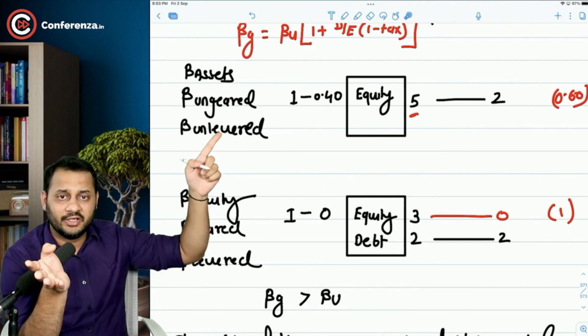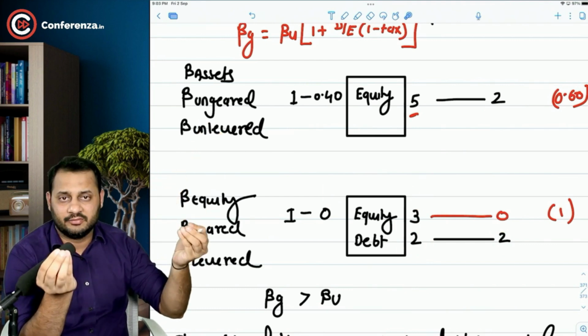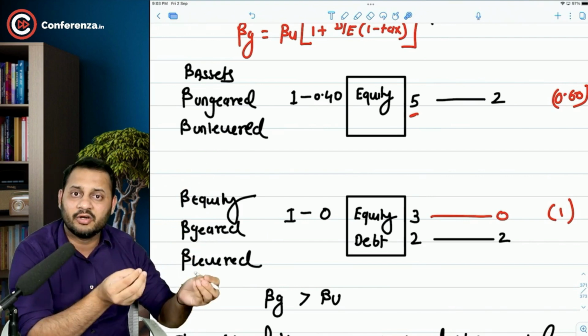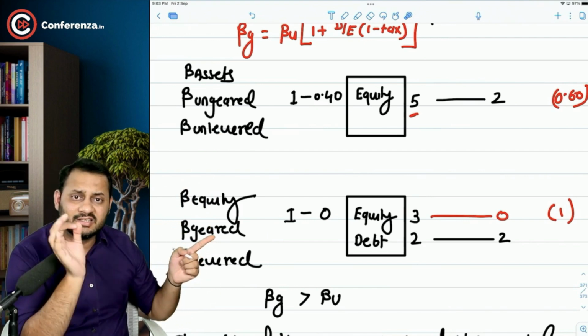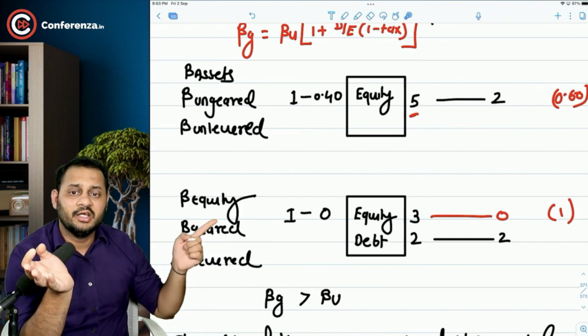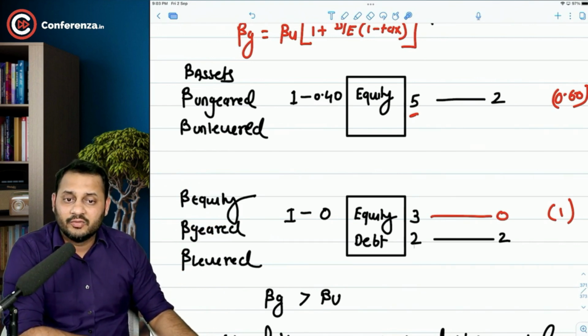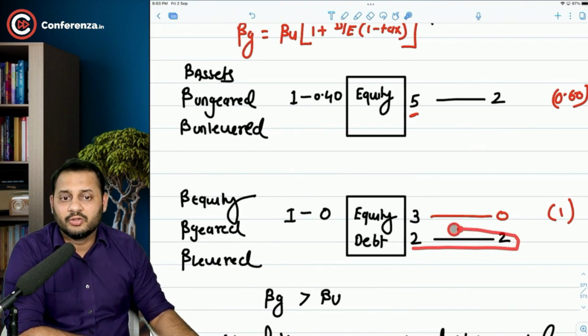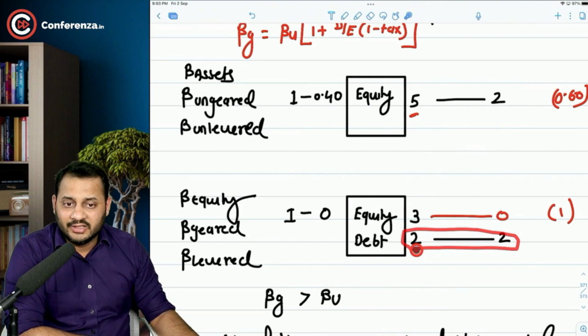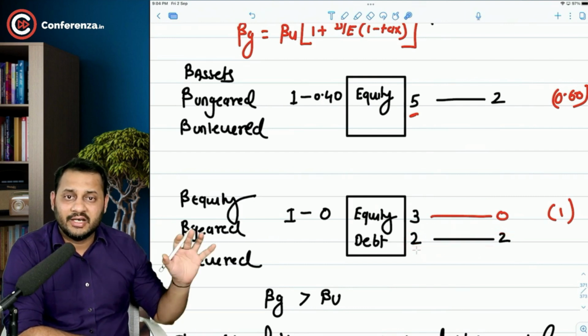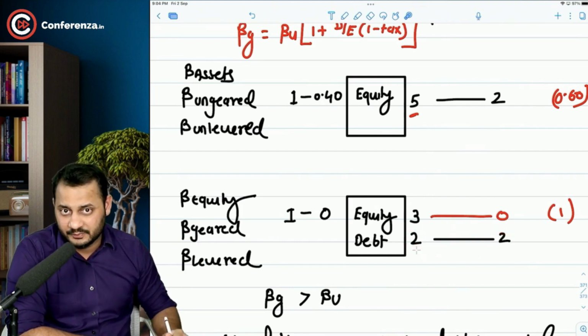In the first case, equity holders are getting at least something. Out of 1 rupee, they are getting 40 paisa. But in the same situation here, equity holders are getting nothing, because the rule says that you will have to first discharge the payment of outsiders. So all the 2 crore rupees will be paid to the debt holders. So when this is the situation, having debt in the company can be very risky.